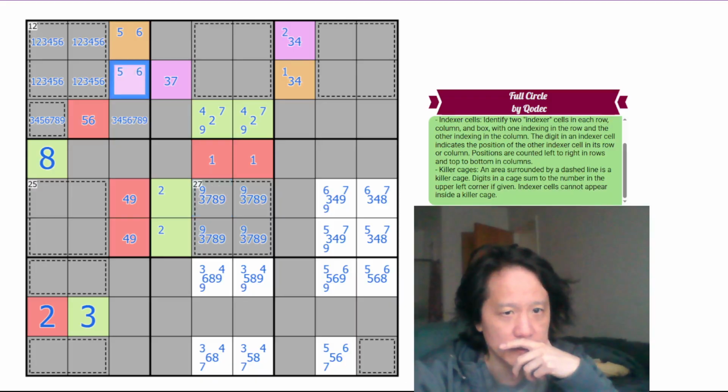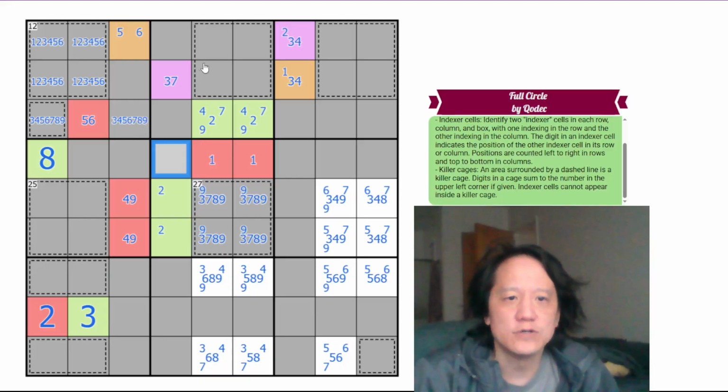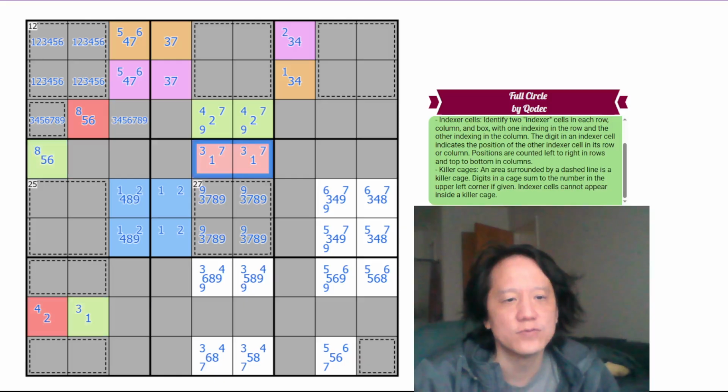And it cannot be here. Ah, and then we have a contradiction. There we go. We have a contradiction. So this indexes 5 and 6. Okay, I think we have a contradiction either way.